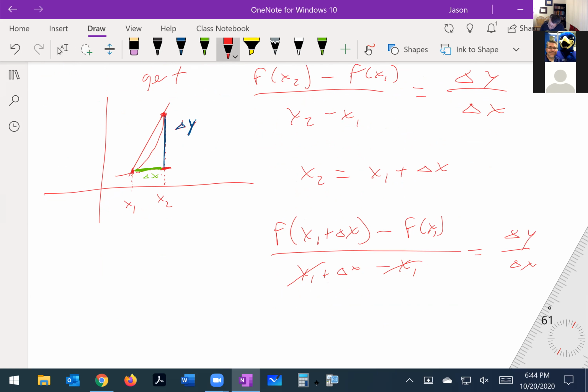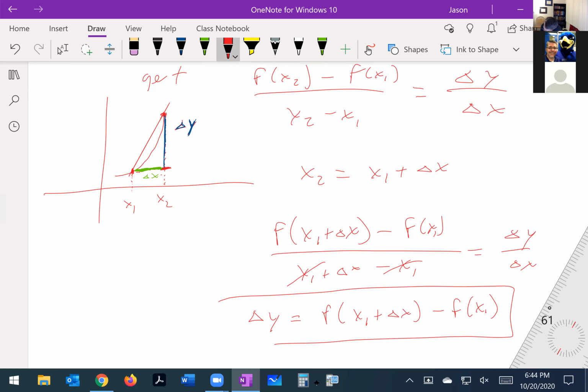What is delta y? Delta y is equal to f of x1 plus delta x minus f of x1.